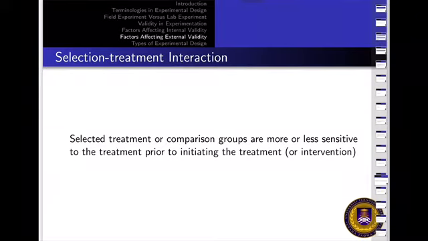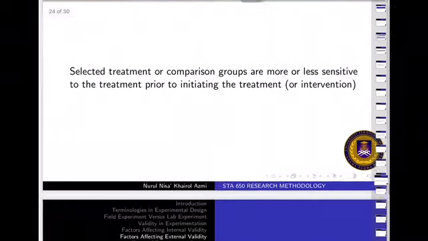So when we do this under a natural setting, it is not as effective as under a lab setting, because under a lab setting we have interference. When there is interference, sometimes there is bias there.